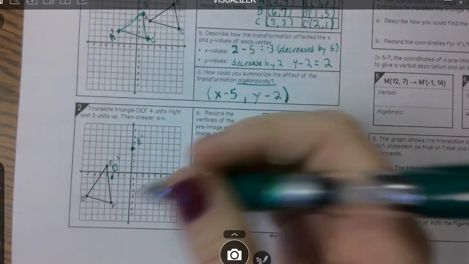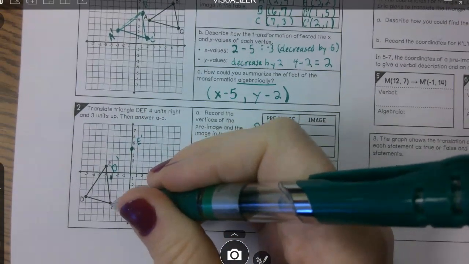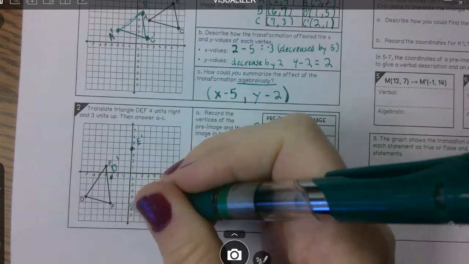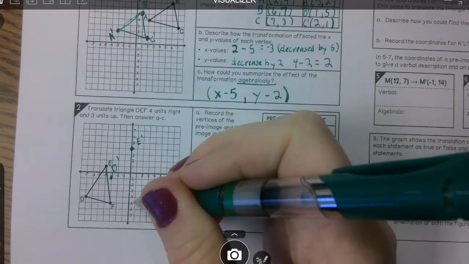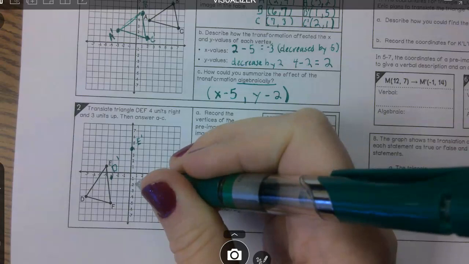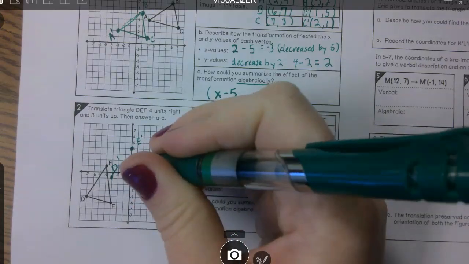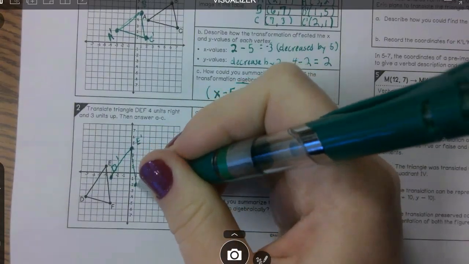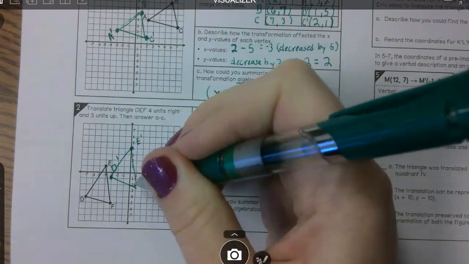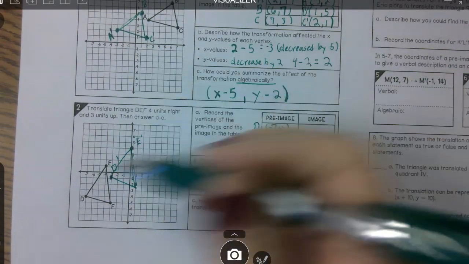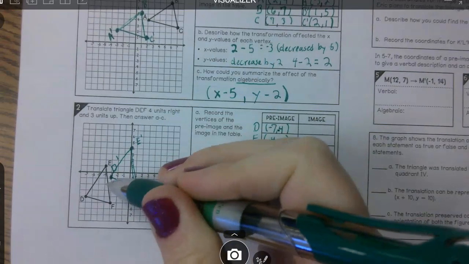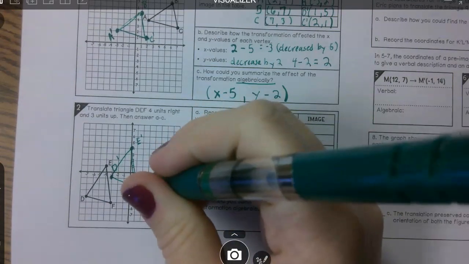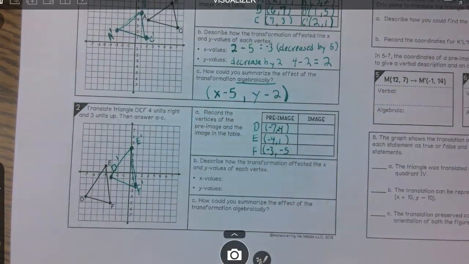And the last one, F, we're going to move 4 units to the right. 1, 2, 3, 4. And 3 units up. 1, 2, 3. And there it is right there. So we have now slid or translated triangle DEF over, and now we have D'E'F', our new image.